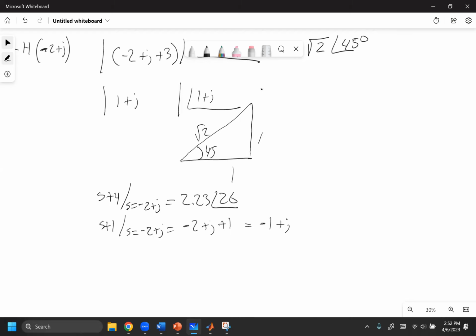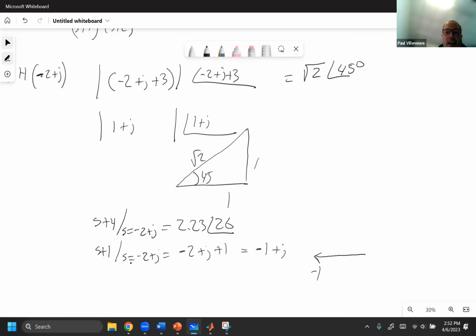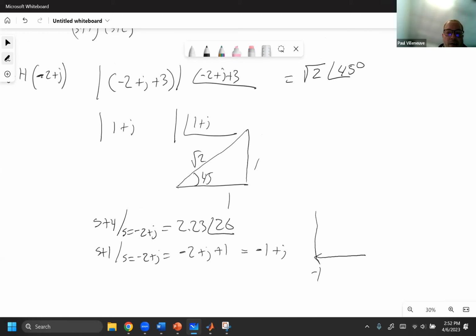Now, if I take the absolute value of that, would your angle be flipped by any chance? I'm going -1 in that direction and +1 in this direction, correct? So this is square root of 2. And the angle I need to rotate is not minus 135, but plus 135. Because if I went minus 135, I would be down here, correct?